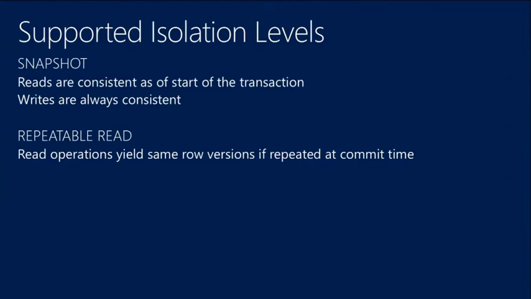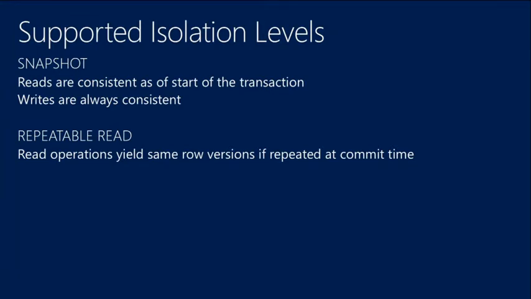Now the second isolation level, which is higher, strictly higher for us, is repeatable read. Repeatable read gives you the same guarantees as snapshot isolation. So you always have consistent reads as of the start of your transaction. Your writes are always consistent. In addition, you get the guarantee that read operations, if you would repeat them at the end of the transaction, you would get the same results.